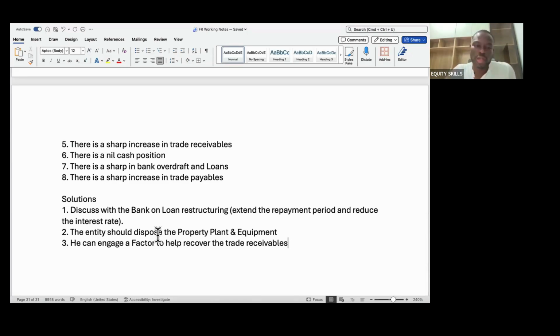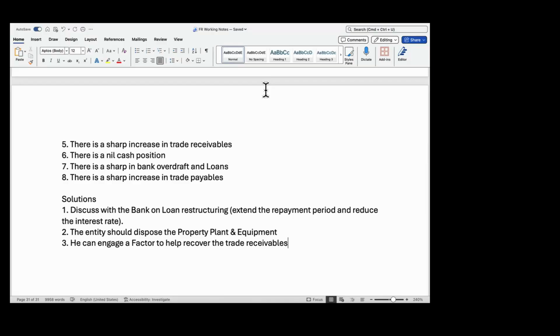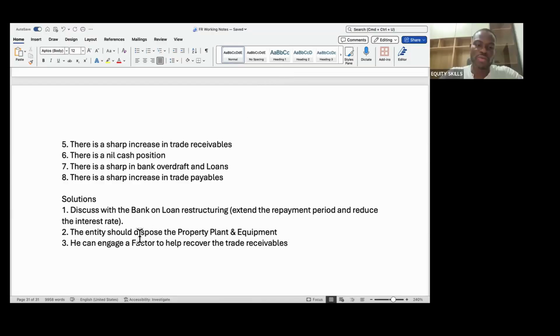Okay, Solomon, yes, please. What's the factor? Like I've explained, they are factoring companies that help recover loans. We call them factors, not factors of production. So let me write it in full: a factoring company.